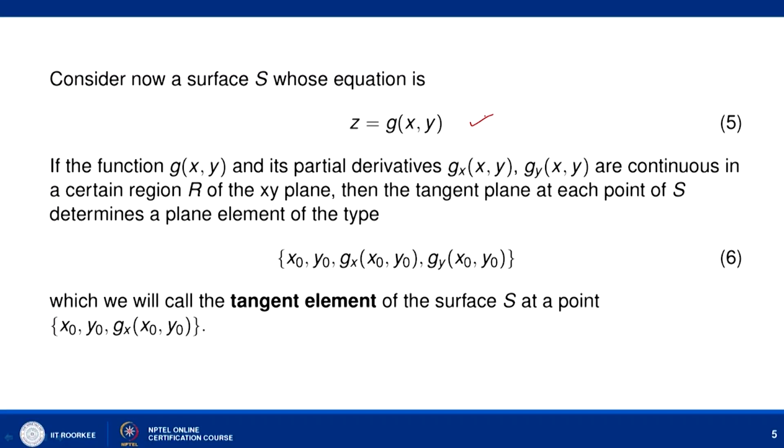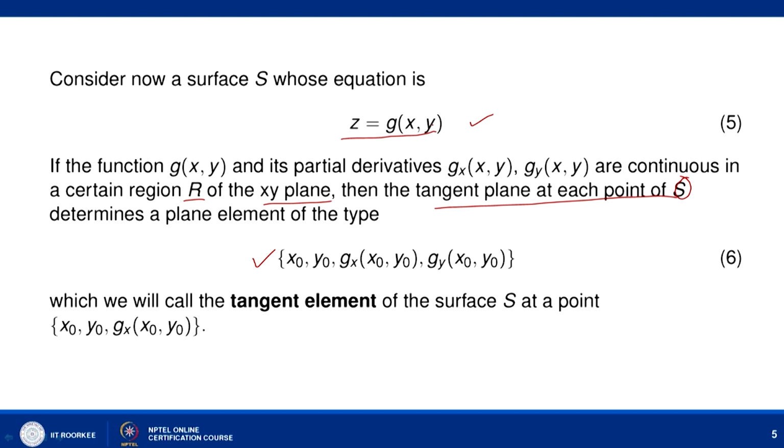For that, let us consider a surface S whose equation is z = g(x, y), and if the function g(x, y) and its partial derivatives g_x and g_y are continuous in a certain region R of the xy plane, then the tangent plane at each point of this surface S determines a plane element of the type (x0, y0, z0, g_x, g_y). We call this plane element the tangent element of the surface S at the point.